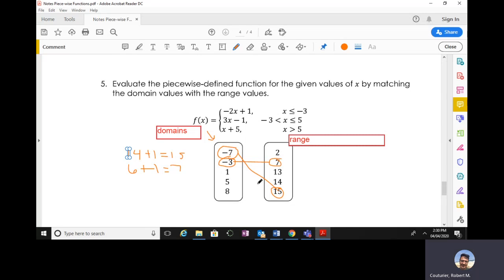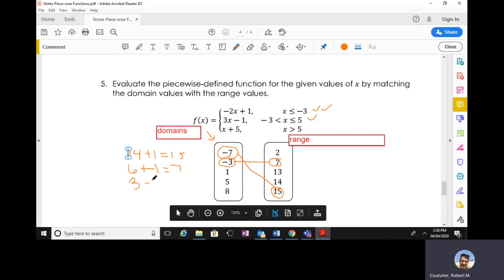Notice we're making a mapping diagram. Now 1. So 1 doesn't fall in this. 1 is greater than -3, but it's less than 5. So 1 is falling into this one. So 1 times 3 is 3. Minus 1 equals 2. So 1 goes to 2.